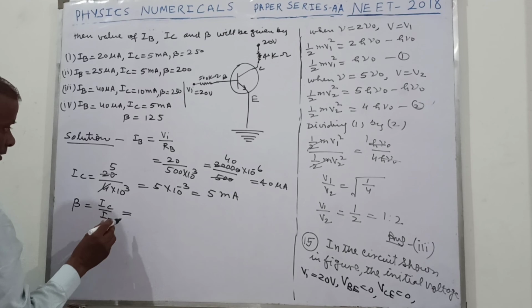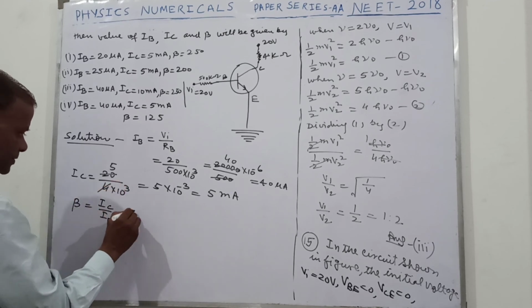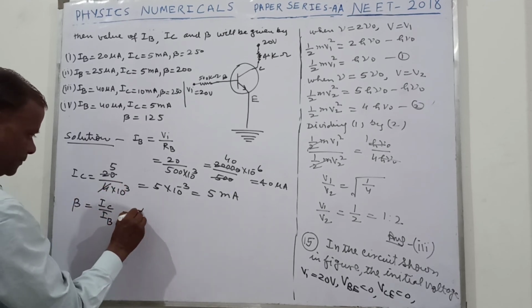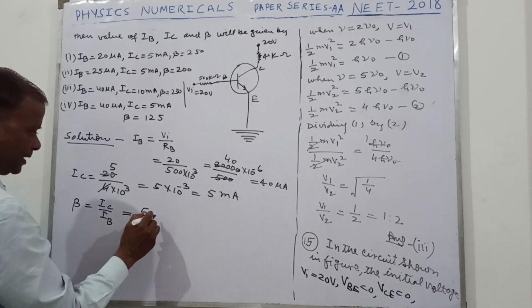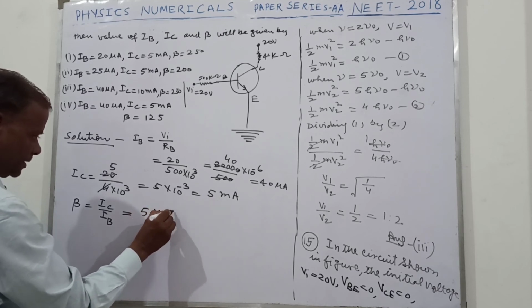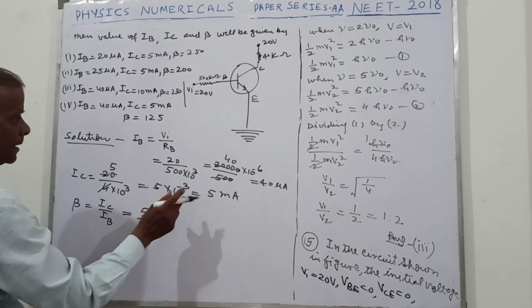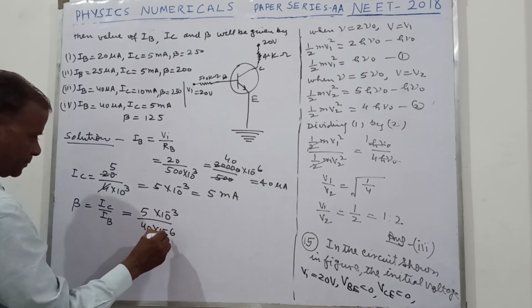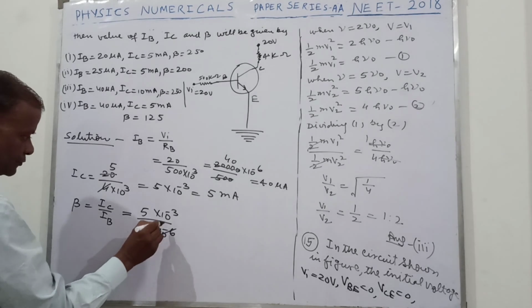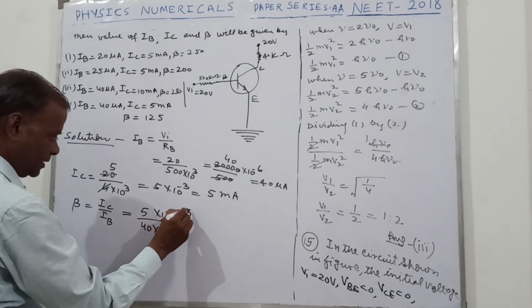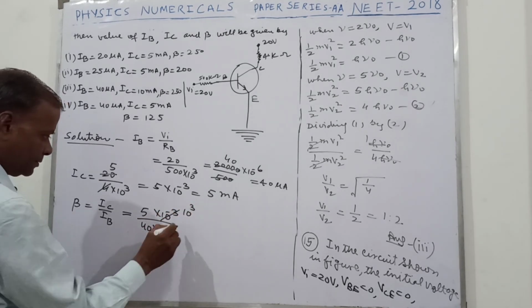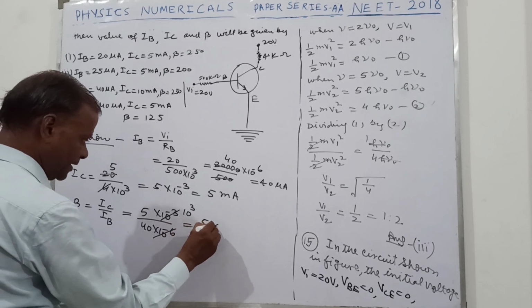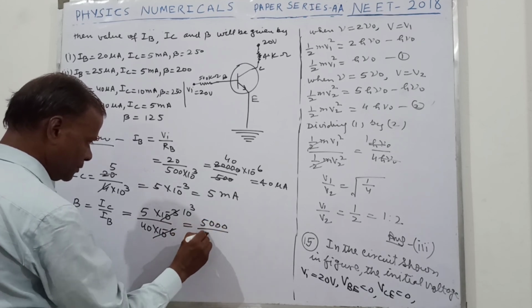This is the formula. IC is 5 milliampere, 10 raised to the power minus 3. IB is 40 micro, 10 to the power minus 6. So this will cancel, 10 raised to the power 3. So this is equal to 5000 upon 40.